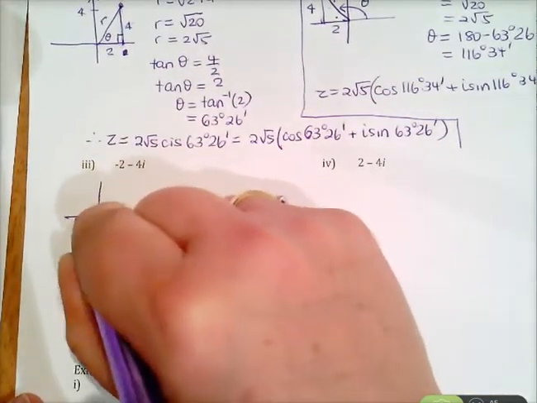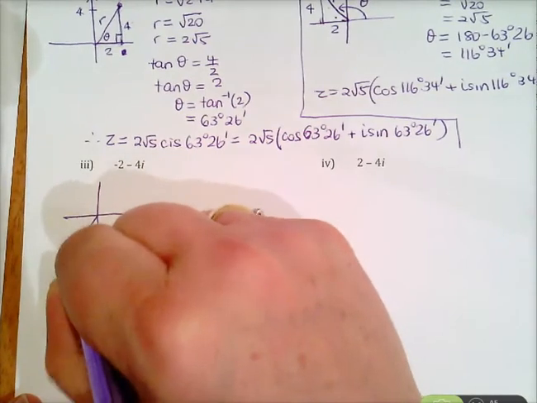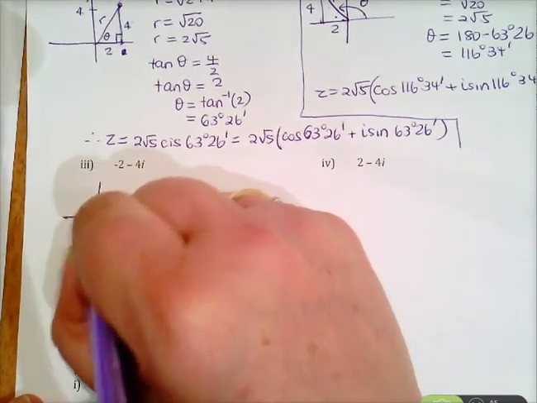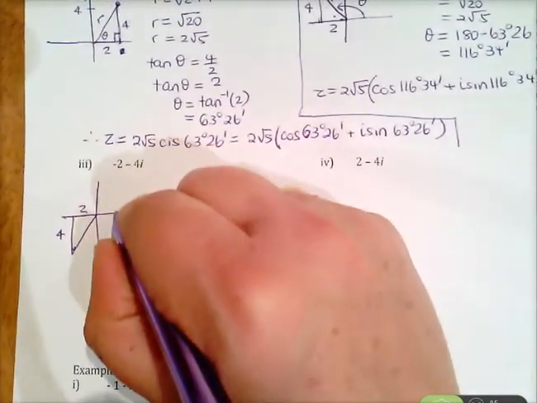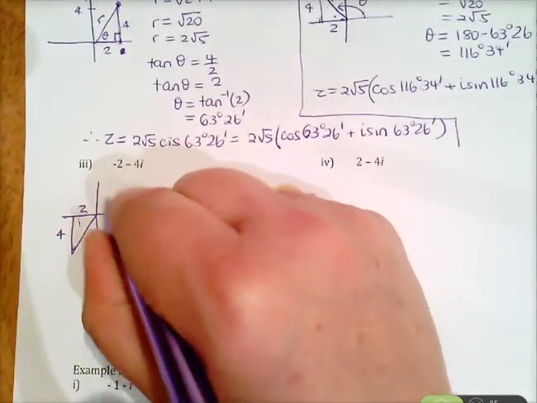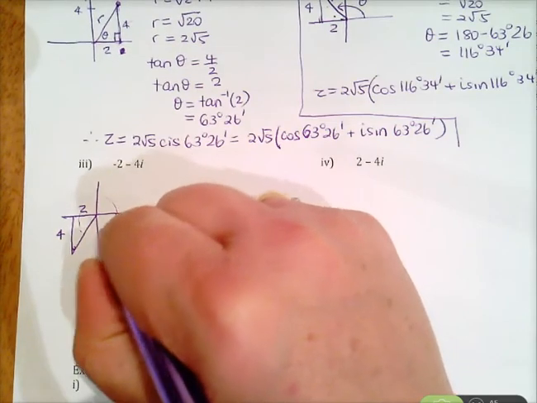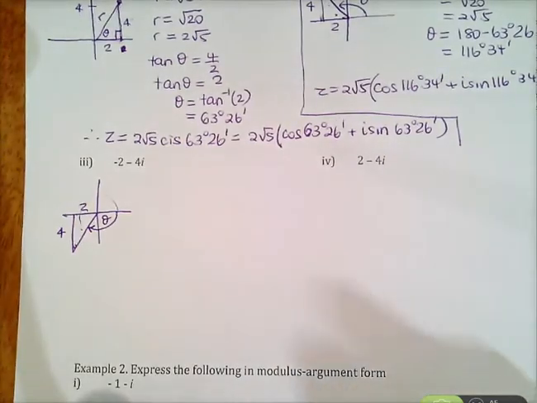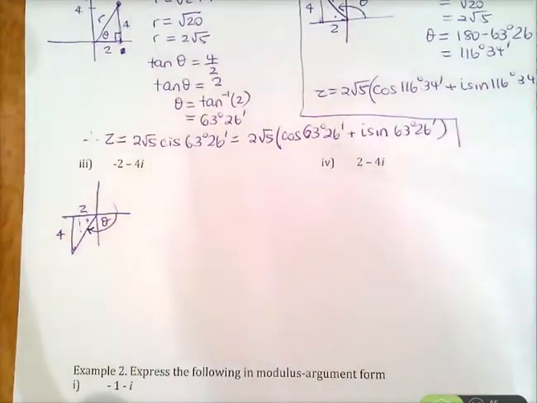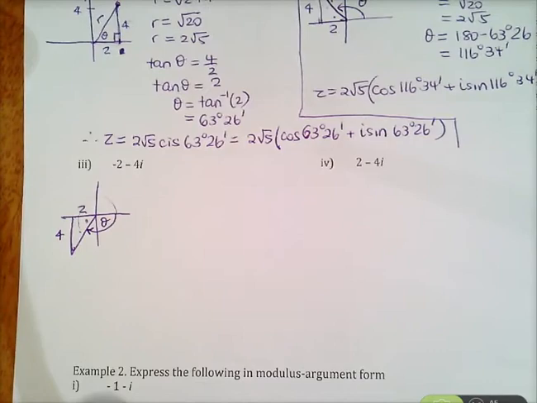So minus 2 minus 4i looks like we're in quadrant 3. Now, we cannot say that theta goes all the way around there because that's bigger than 180. So theta has to go here. This is my new theta. Now, I know that this little bit in there is 63 degrees 26 minutes.